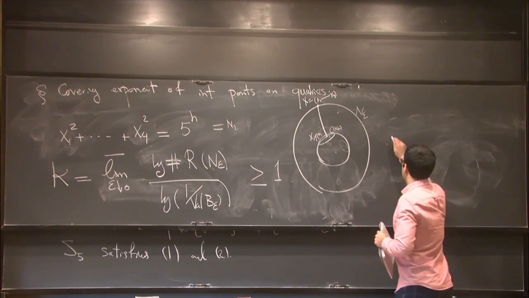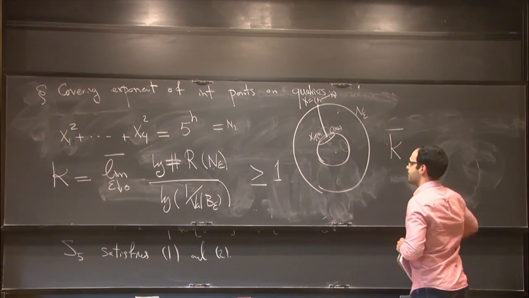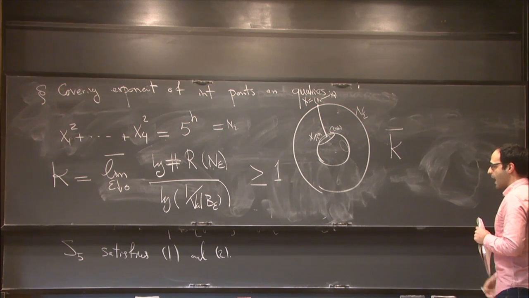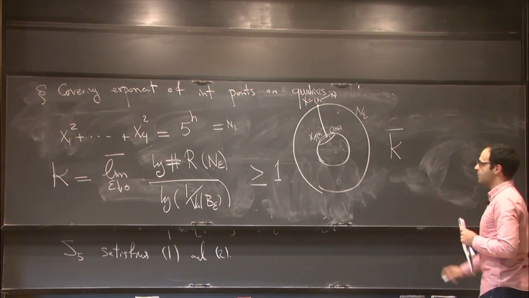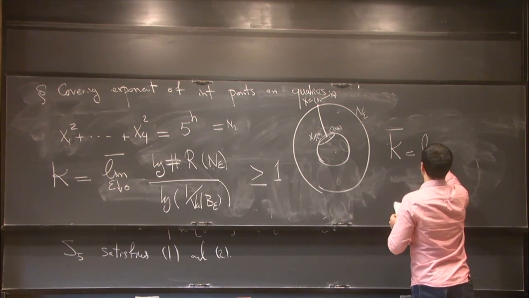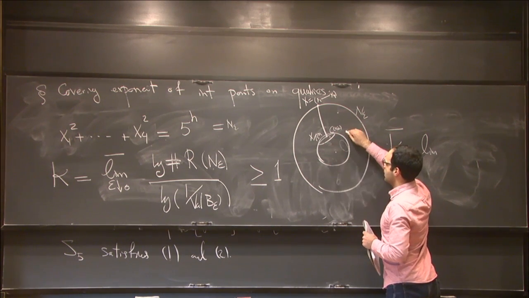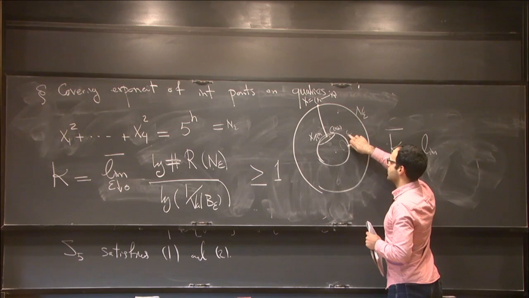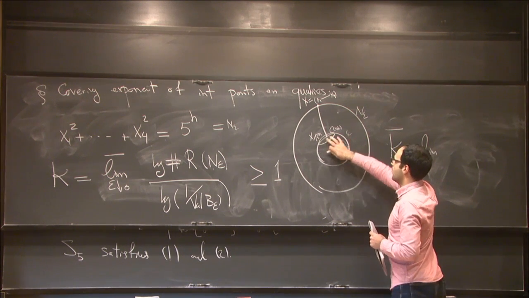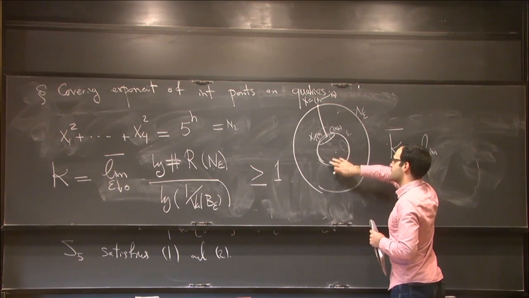And there is the analog of this exponent for the average version of this definition, where you don't care to cover all the caps, but you allow yourself up to a delta fraction of the caps.